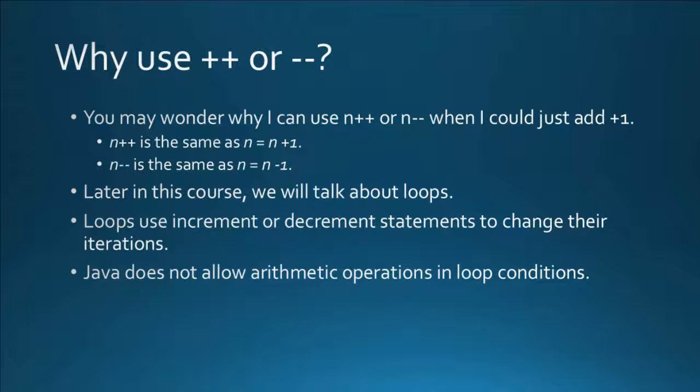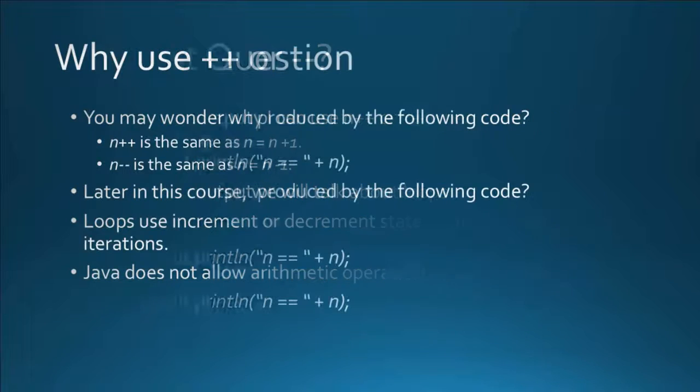Because of that, Java does not allow arithmetic operations inside loop conditions. So you would have to use ++, --, or something similar in order to set up your loop conditions. You can't use n = n + 1.